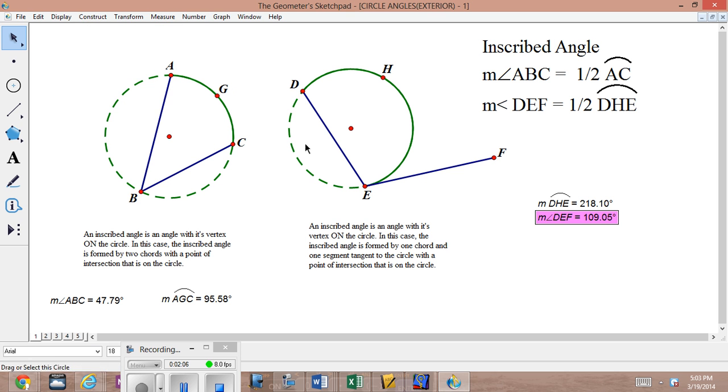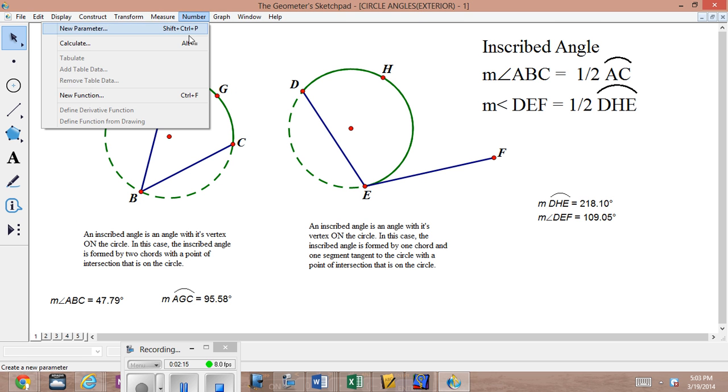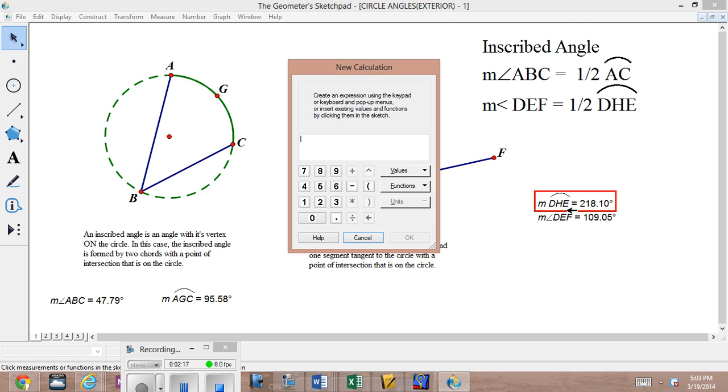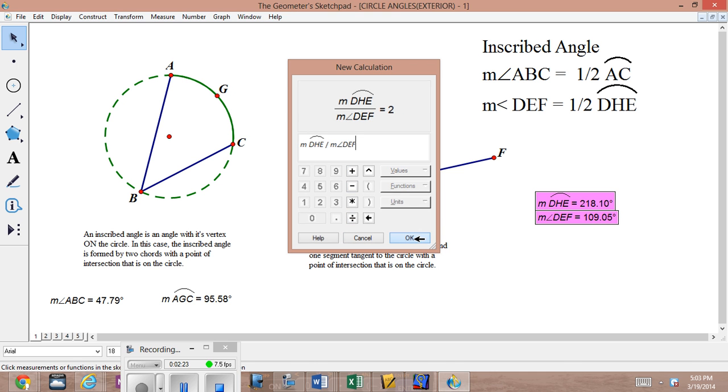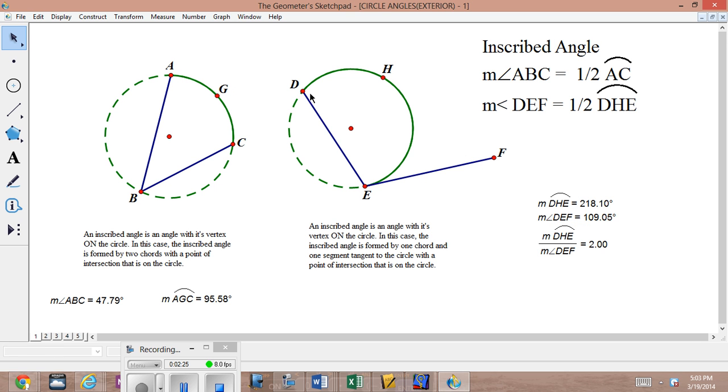To validate that, we can calculate the ratio of the arc divided by the angle, which should be 2 at all times. So there you have it.